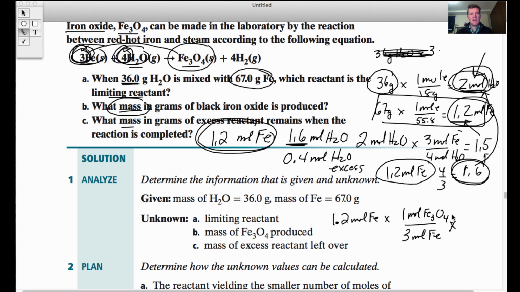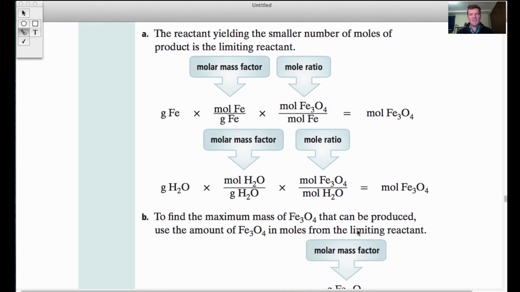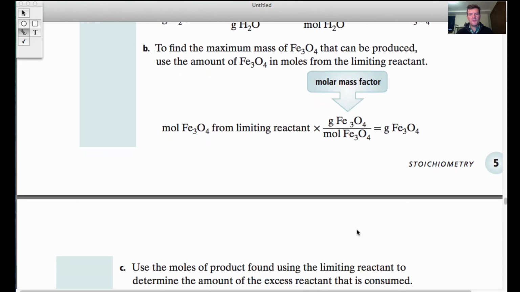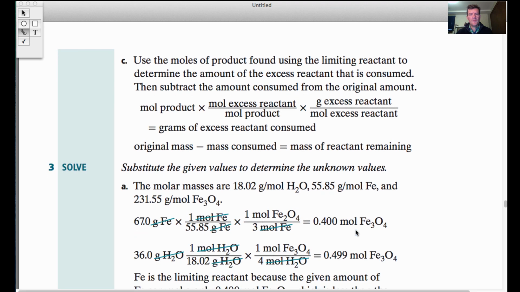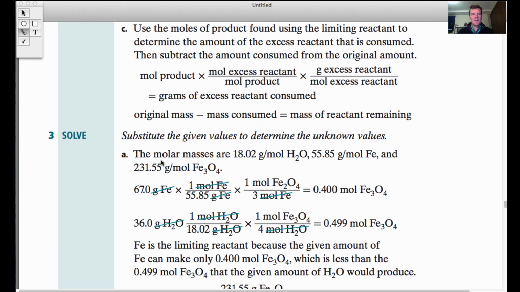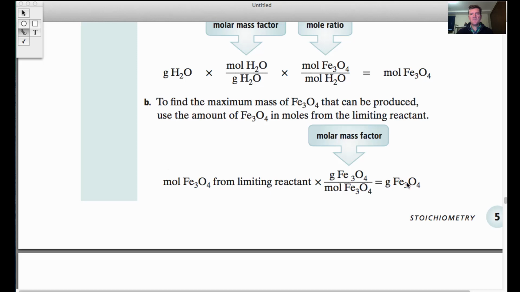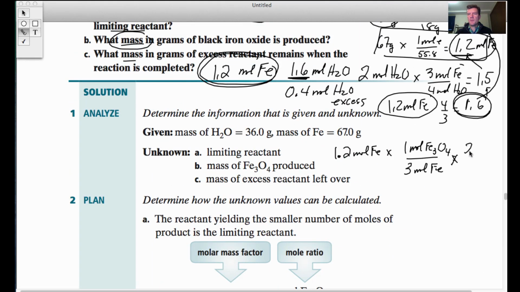So whatever the iron oxide mass is, I bet maybe they have it here. Nope. Yeah, here it is. 231.5. I multiply by 231.5 for every mole of the iron oxide.